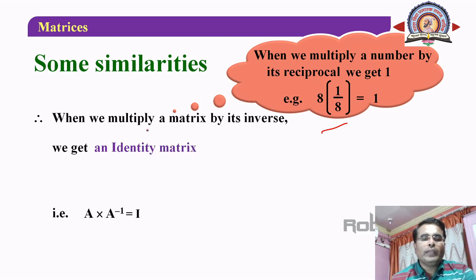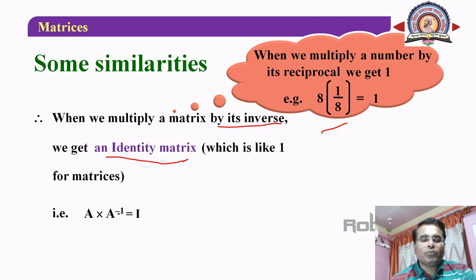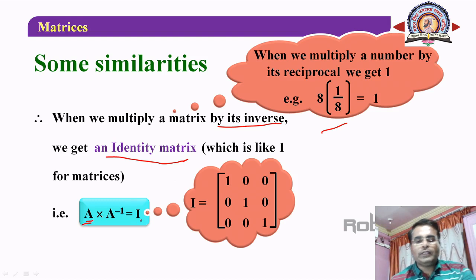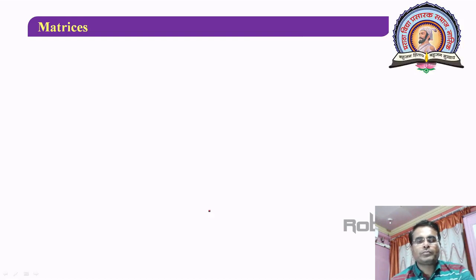So when we multiply a matrix by its inverse, we get an identity matrix. Which is like 1 for matrices, and the identity matrix is of the type 1 0 0, 0 1 0, 0 0 1. Here we expect that the matrix A is a 3 by 3 matrix, so the right hand side matrix I is also a 3 by 3 matrix.